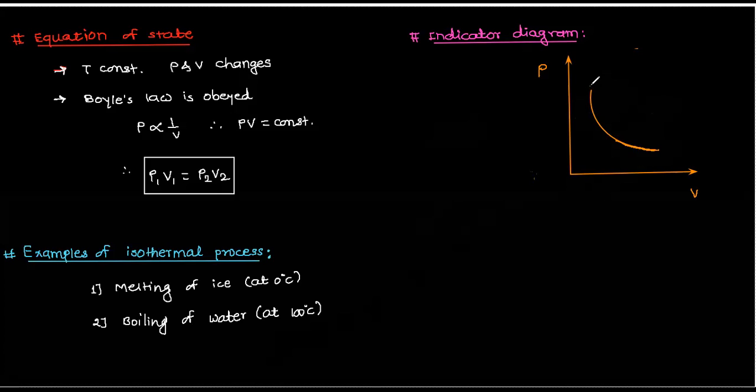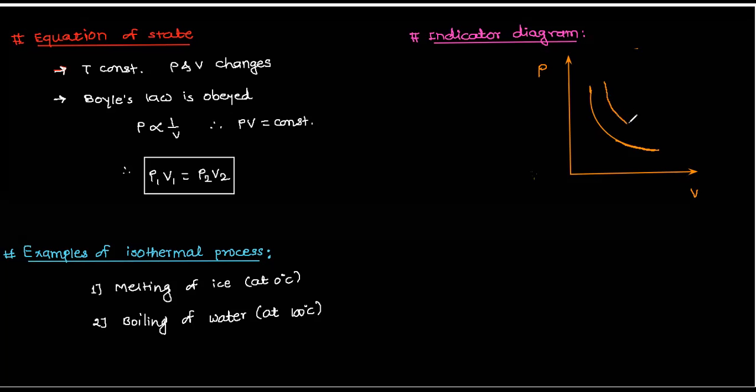This is for one temperature, right? So if you want another temperature, you will get a graph like this. This is for the second temperature. And this one for the third temperature. So this one is for which temperature? T1. This one is for T2. This one is for T3.